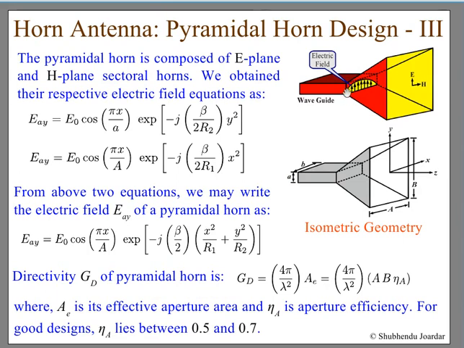If you consider this as the aperture, for example, of the waveguide, you can see that the electric field reduces as it goes to the ends, but it is maximum in the center. So this can be called a tapered illumination of this area. Whereas uniform illumination means whatever electric field you measure here is the same as you measure here.